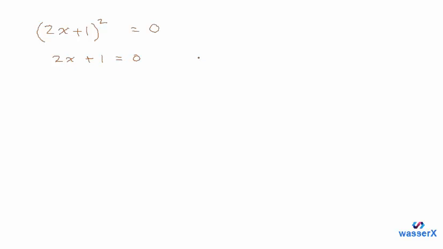There's no either or, right? Or 2x is equal to -1 or x is equal to -1/2. Remember, I had said the 2 roots may be the same or different. In this equation, the 2 roots are the same, and that's equal to -1/2.